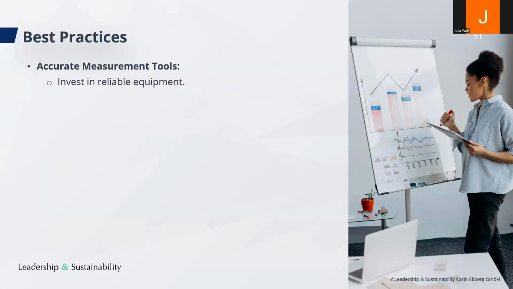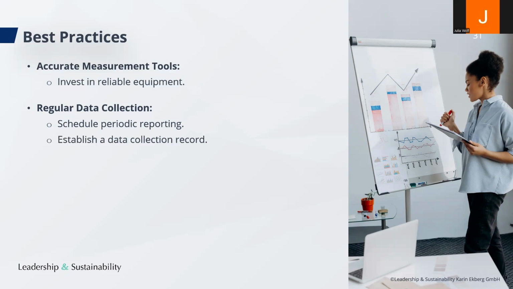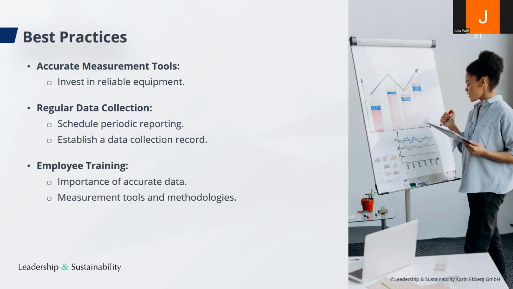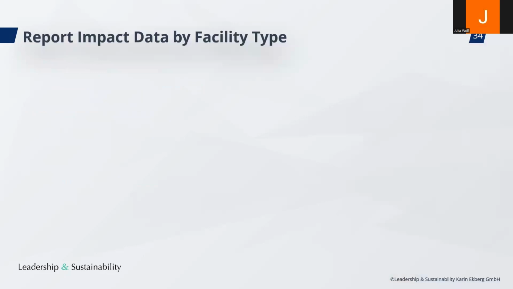And continuing with the best practices, invest in reliable equipment, of course, for measurements. So, for example, flow meters, etc. Make sure that they are calibrated in regular periods, etc. Schedule your periodic reporting, establish a data collection record, and then train your employees.